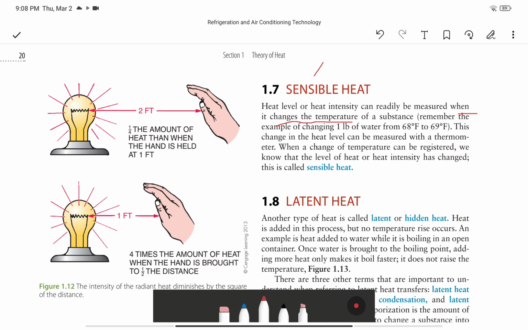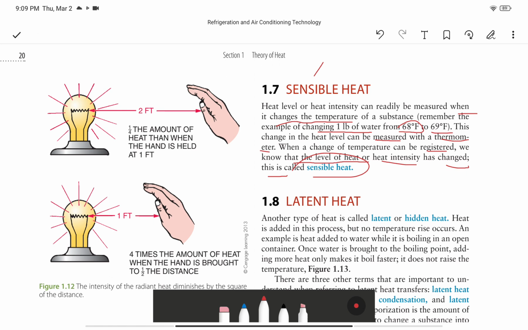For example, changing 1 pound of water from 68 to 69 degrees Fahrenheit. This change in heat level can be measured with a thermometer. The change of temperature can be registered. We know that the level of heat or intensity has changed. So that is called sensible heat.